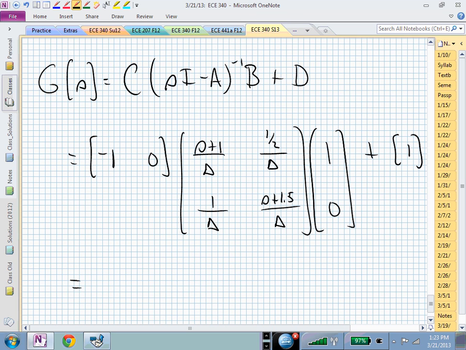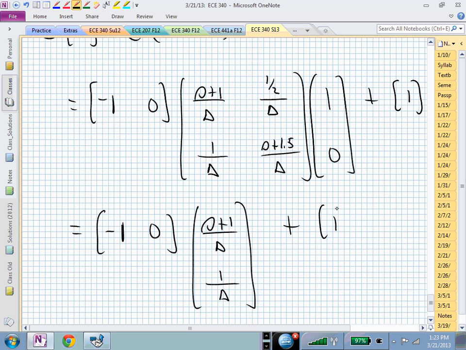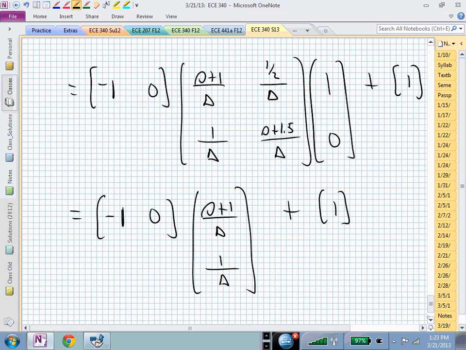And I still have that matrix, but now I can write this a little bit cleaner and say I have -1, 0 times S plus 1 over delta, and here's 1 over delta, plus 1. And now I have a 1/2 times a 2/1. Good, it's a 1/1, which is what I better have. I need a scalar transfer function since I had 1 input and 1 output.